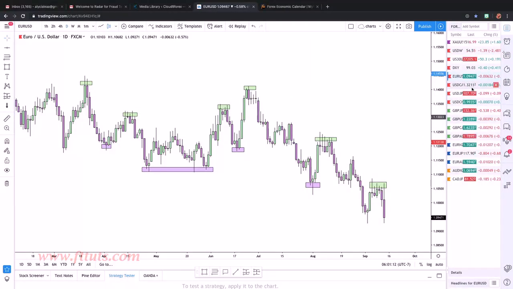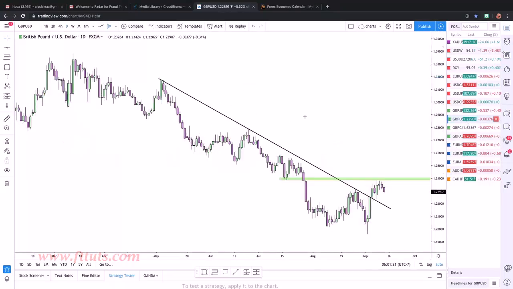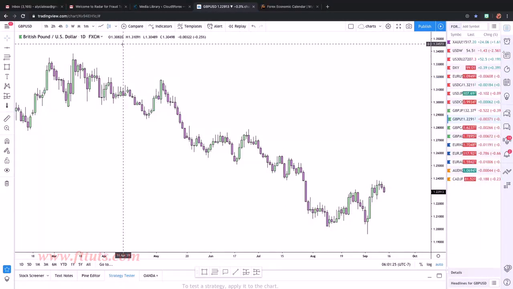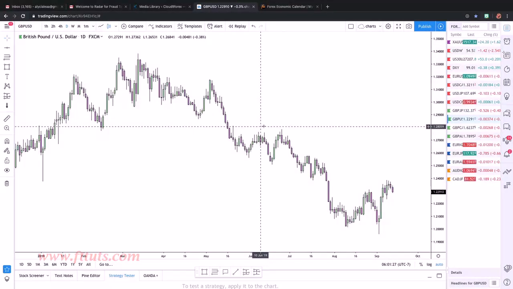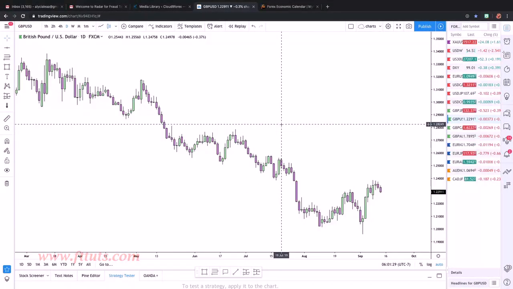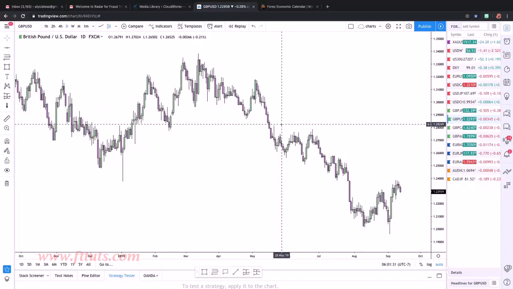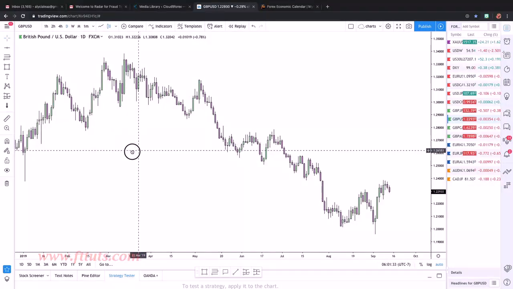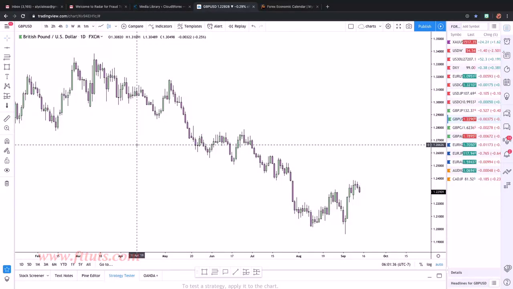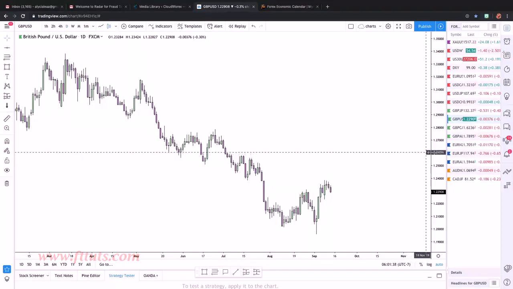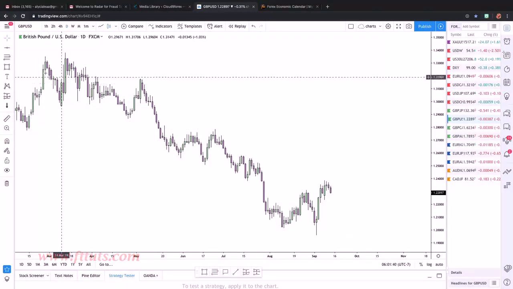Okay, let's do one more. We'll do GBP USD. Okay, so marking up GBP USD, don't want to go too far back. Okay, so this one is kind of easy.